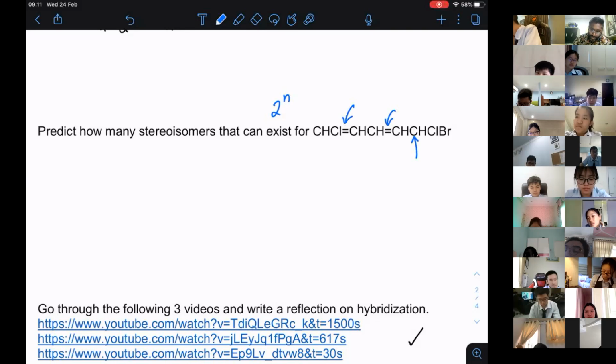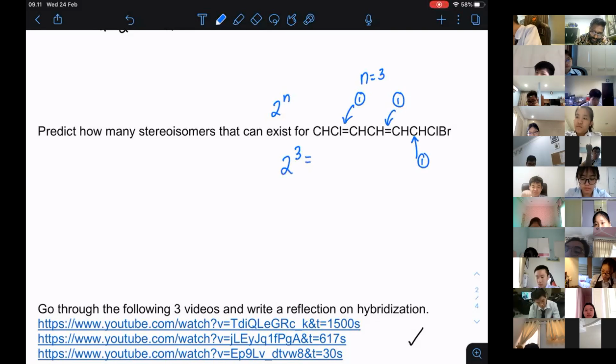So n is going to be 3, so this is 2 to the power of 3, which is 8. This is the number of stereoisomers that you can get for this molecule.